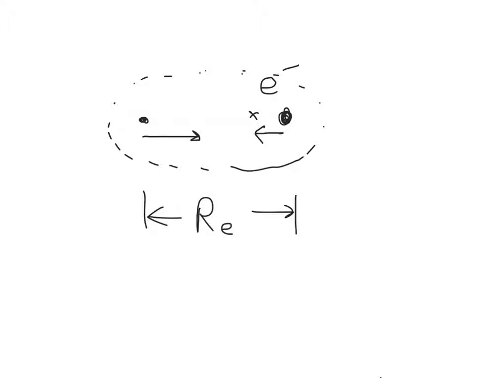However, you can show that this problem can be thought of as equivalent to the problem of one particle moving in one dimension, provided that instead of the ordinary mass, we use something called the reduced mass, which we're going to call mu.